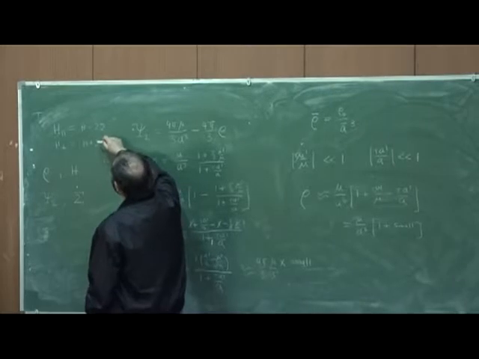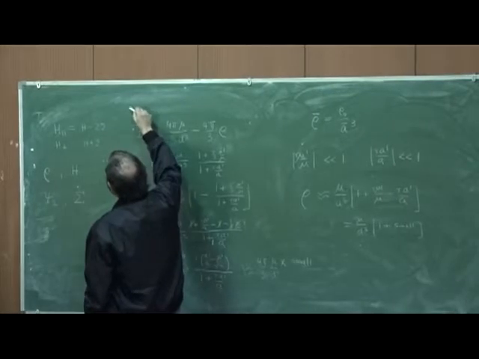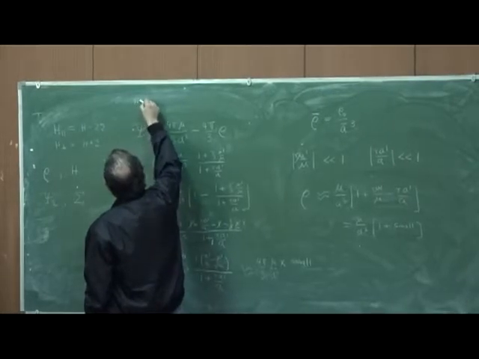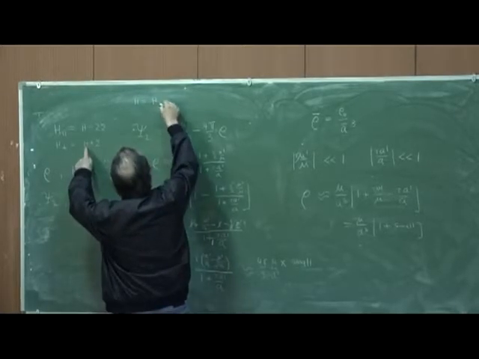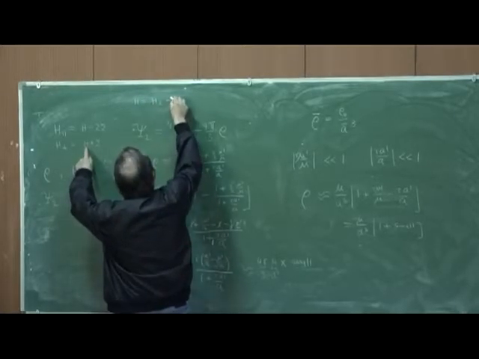From here, how do you get H? You have H perpendicular equals H plus sigma.